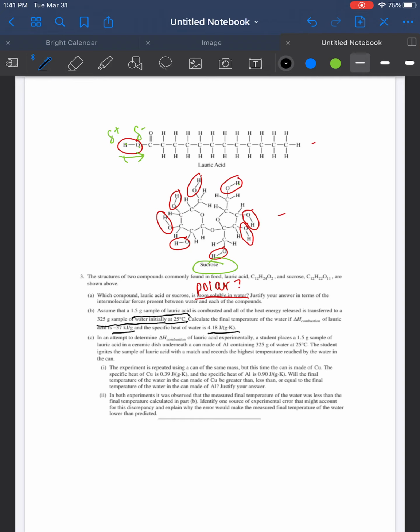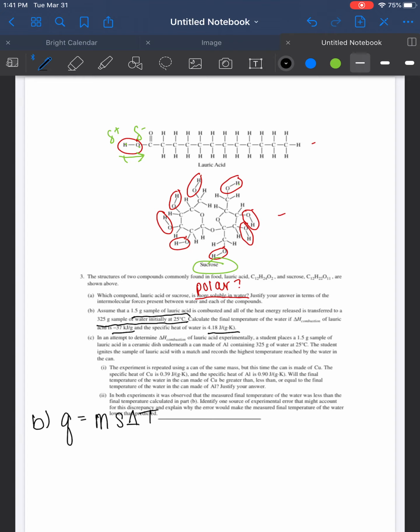Okay, so this is a topic that we have covered previously. I think I have enough space where I can solve it underneath. So for letter B, you are going to be using our handy dandy Q equals m s delta T or m c delta T equation.